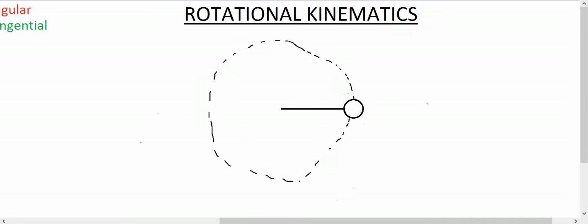So here's a circular path, and let this be the tangential velocity vector, starting from the center of the ball.